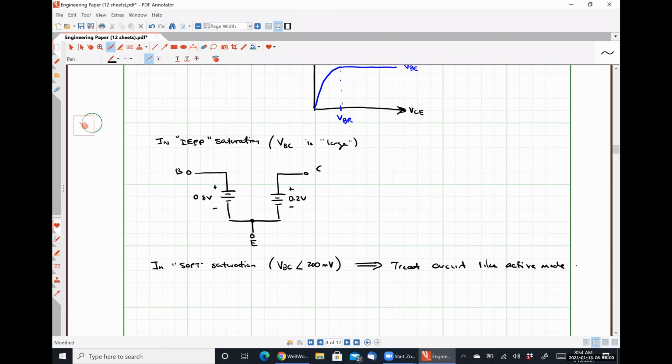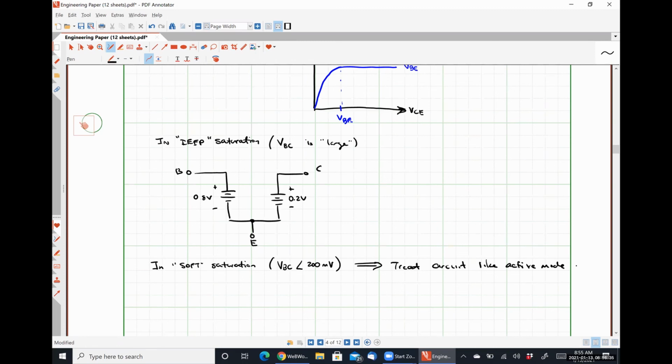We treat the circuit as if it were in the active mode. So effectively what we're saying is until that forward bias voltage across the base collector junction becomes fully on, we shouldn't expect to see a whole heck of a lot of current opposing our collector current, right?